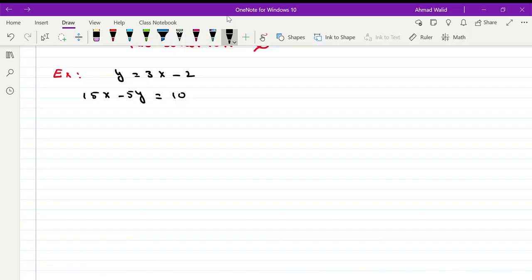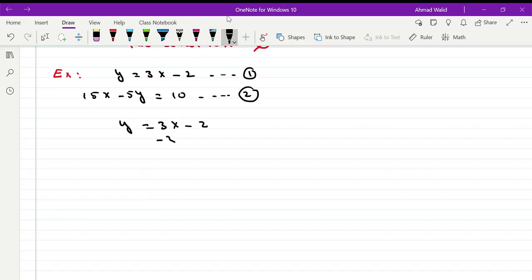But if you want to use elimination, you can use elimination, but also you can use the substitution method. Let's use elimination. Look at here. Equation number 1 is not in the form of ax plus by equals c, correct? You have y equals 3x minus 2.